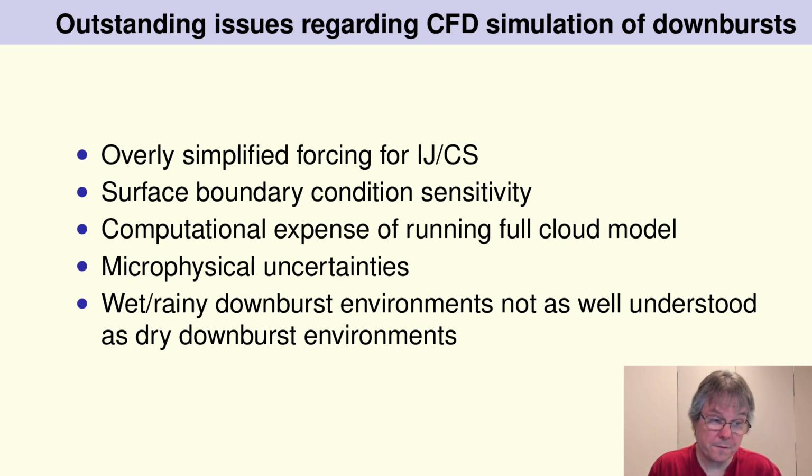This is true at least for my supercell simulation work, where you've got strong inflow going into the storm, and if you have a tornado, you have strong inflow, and that inflow is slowed down by that surface boundary condition in a way that kind of messes things up.